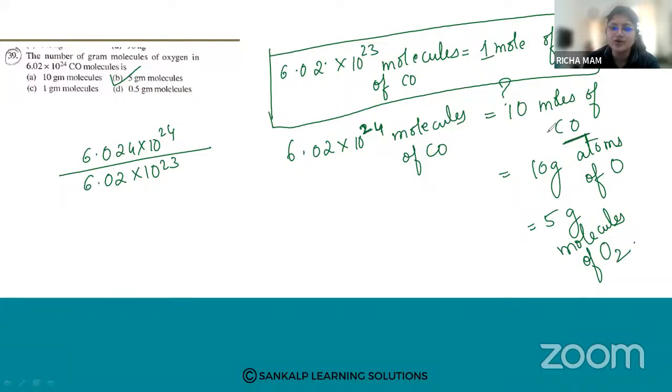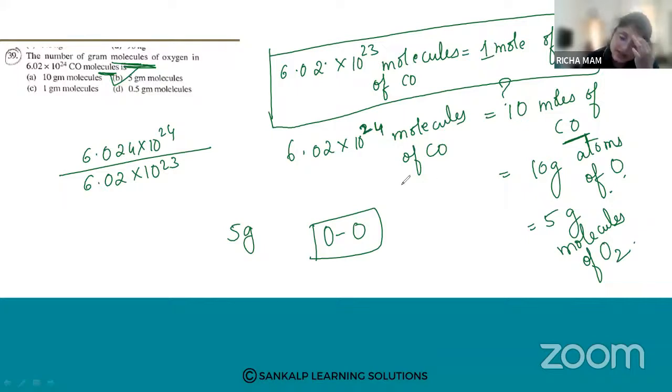So 10 moles of carbon monoxide. 10 moles means 10 gram atoms, so 10 grams of oxygen atom. Okay. We are converting into oxygen molecules because we are asked the number of gram molecules. So 2 oxygen atoms will make 1 molecule. So it is 5 grams, 5 grams of oxygen molecule. So it is B answer. Is it clear?